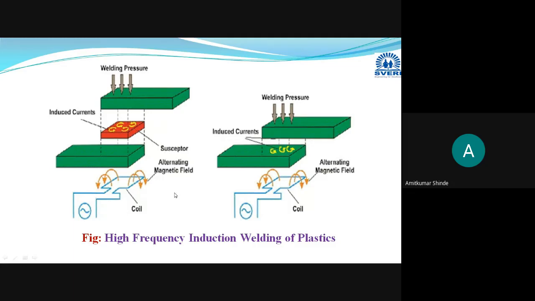It generates an alternating magnetic field, and the susceptor component is heated due to the skin effect and eddy currents. Then through this susceptor, heat is transferred to the plastic materials by thermal conduction, and with the application of some pressure, the joint is created by providing some cooling time.